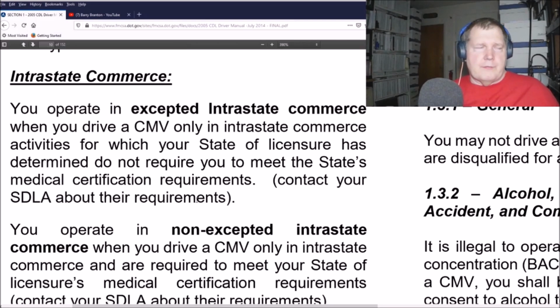Intrastate commerce. You operate in accepted intrastate commerce when you drive a CMV only in intrastate commerce activities for which your state of licensure has determined do not require you to meet the state's medical certification requirements. Contact your SDLA about their requirements.